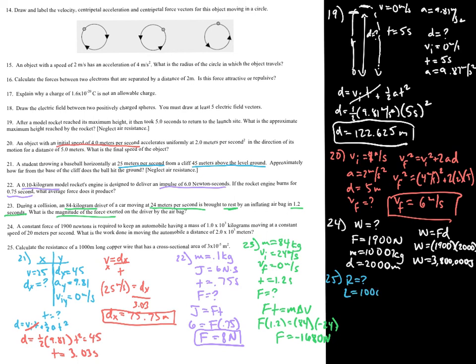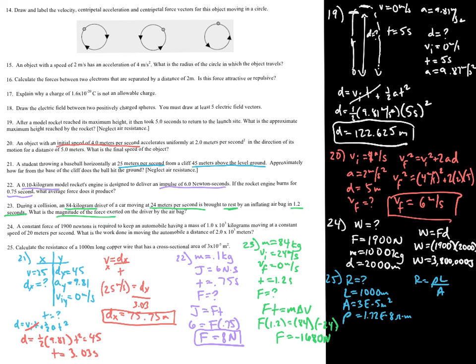So length is 1,000 meters with a cross-sectional area of 3 times 10 to the negative 5th power meters squared, and our material is copper, so we need to look up the resistivity value for copper on the reference table. Copper is 1.72 times 10 to the negative 8th ohm meters, and the equation for resistance is R equals rho L over A.